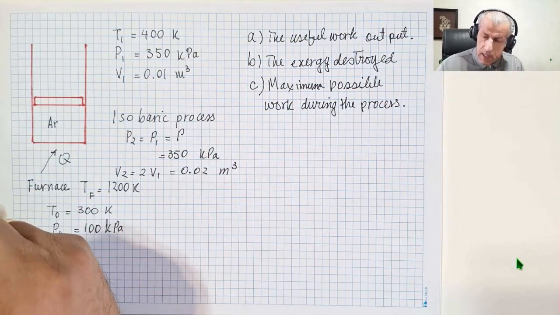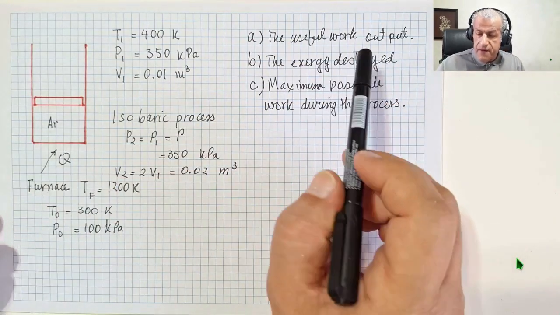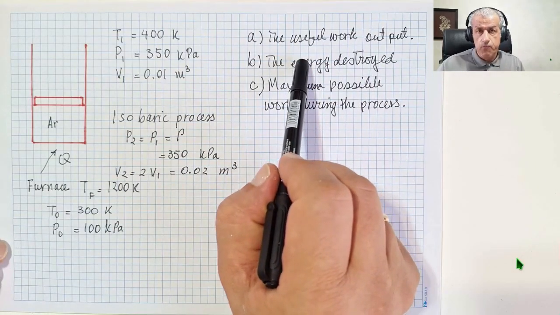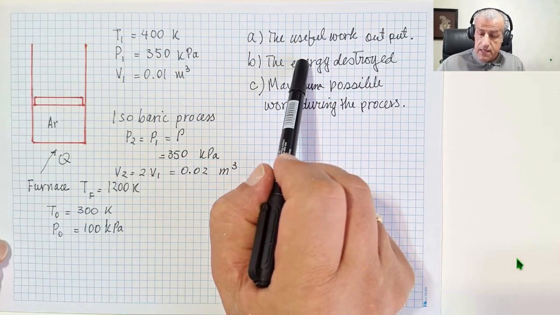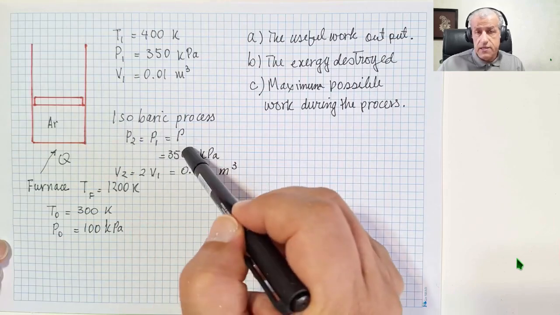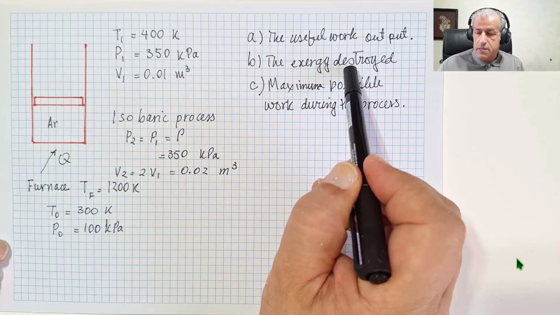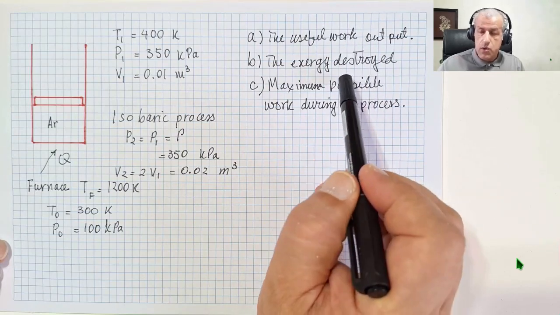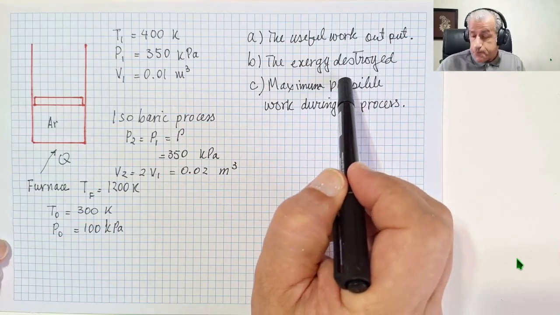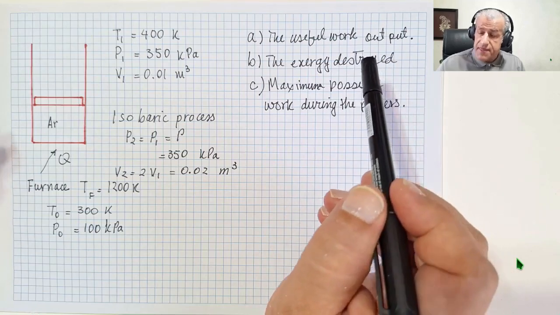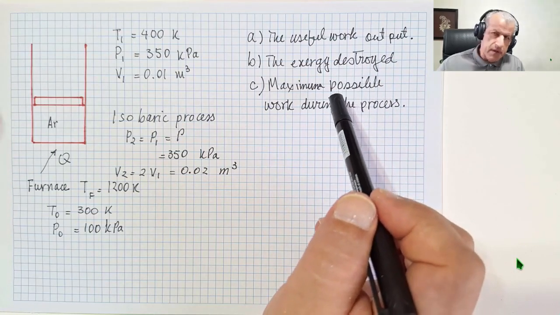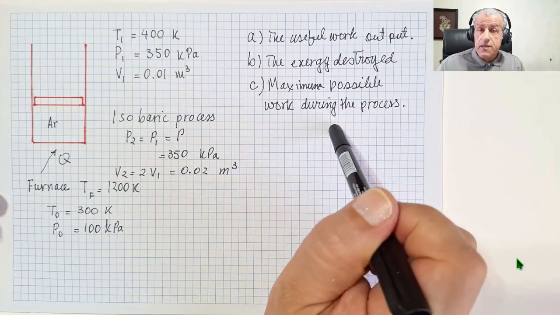Please note that in the first two cases, we have defined initial and final conditions, and we are asking about process parameters, work, and destroyed exergy. But in the third case, we're moving differently. We are defining the process.